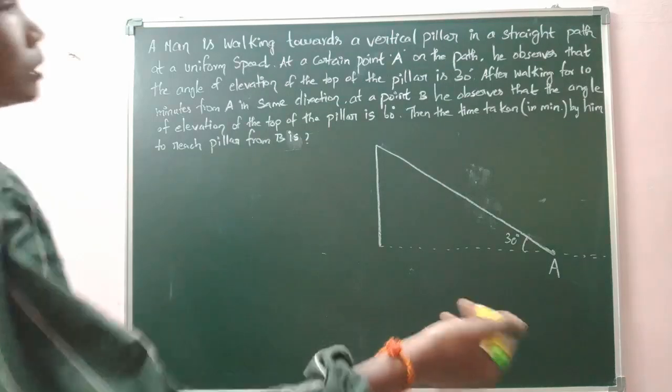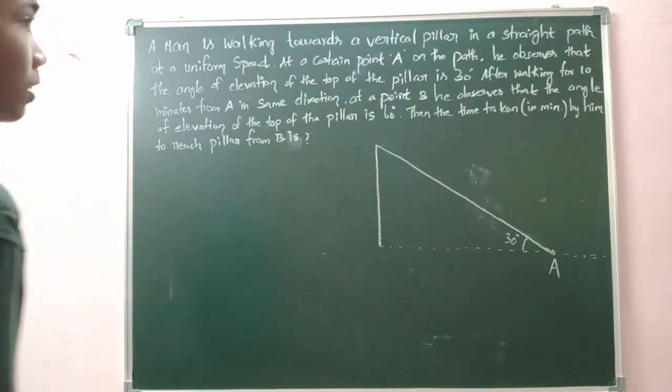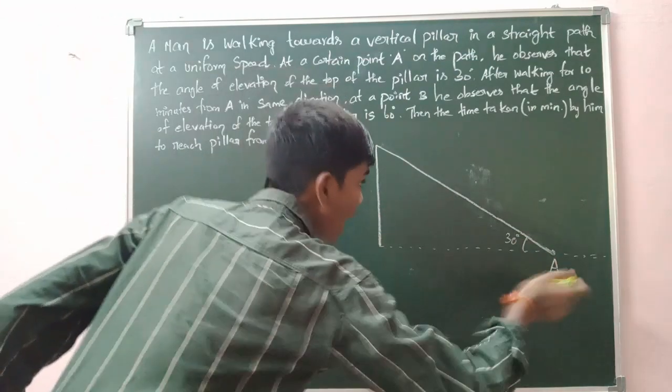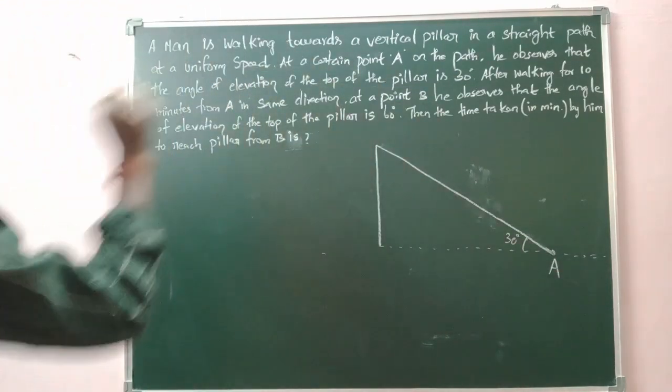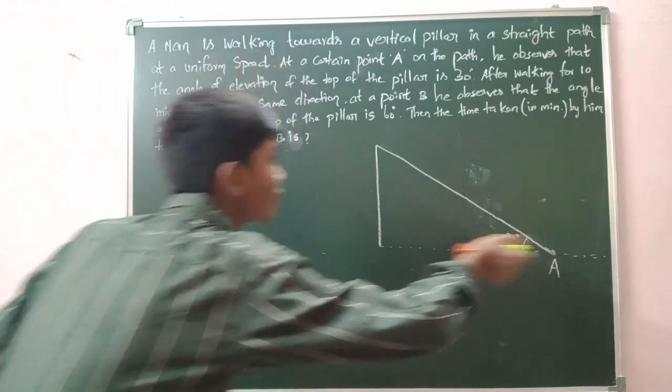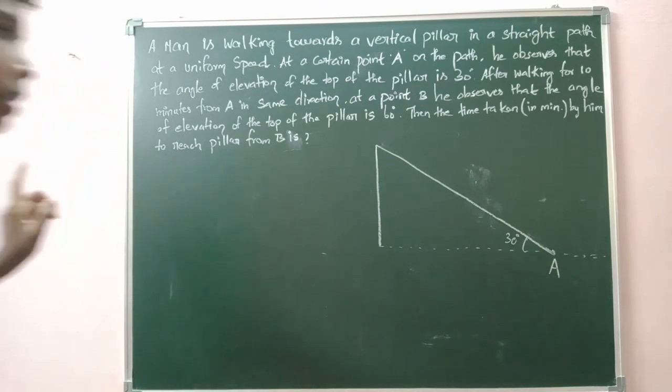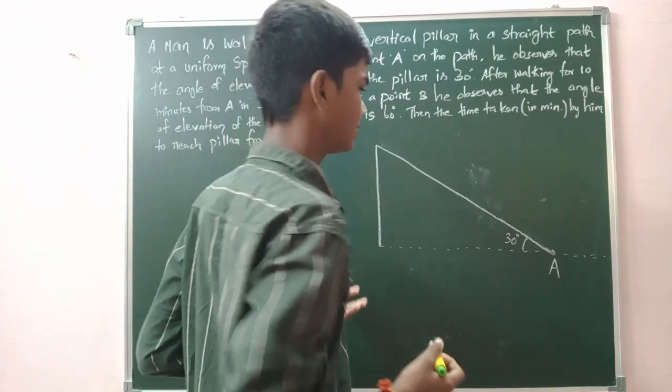So at point A, he observes that the angle of elevation is 30 degrees. And now, on this same path, after walking for 10 minutes from this point A, at a point B, he observes that the angle of elevation of the top of the pillar is 60 degrees. So people, just understand.